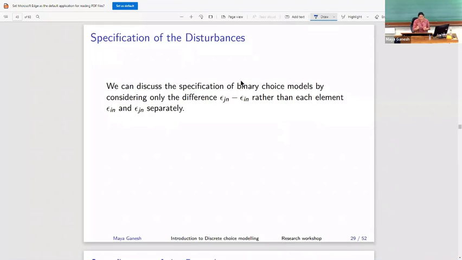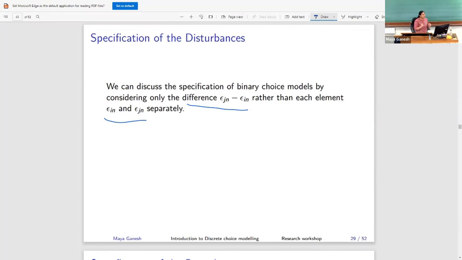Basically, depending on the distributional assumption of the epsilon in minus epsilon jn, this leads to different choice models, right? Just like in the regression framework, your errors are distributed normally with mean 0 and variance sigma square.